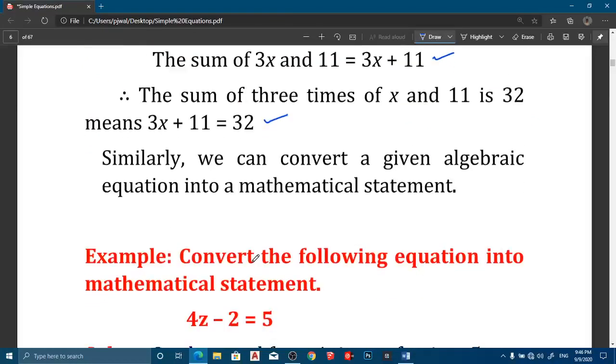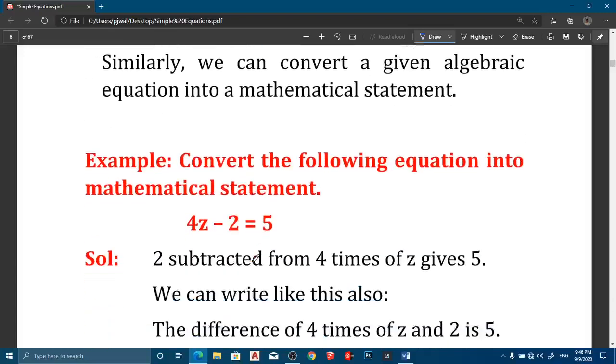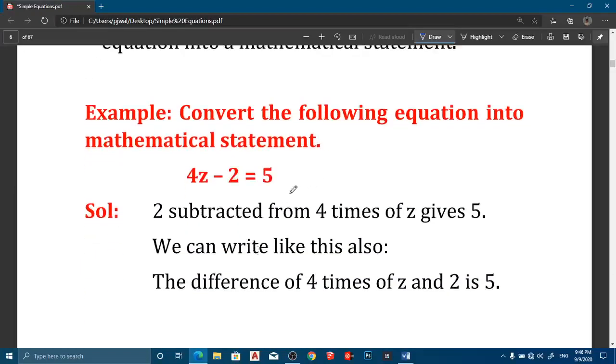Similarly, you can convert a given equation into the form of a mathematical statement reversely. Here you have some liberty. Use different words also without changing the meaning. Okay. For example, 4z minus 2 equal to 5. How can I write this? 2 subtracted from 4 times of z gives 5. This is one method. Otherwise, the difference of 4 times of z and 2 is 5.